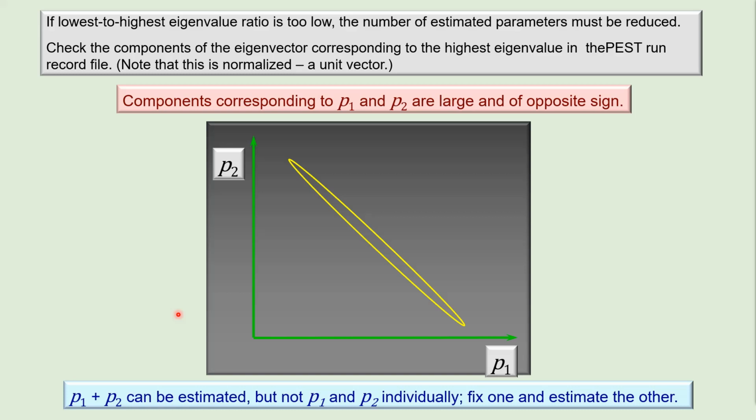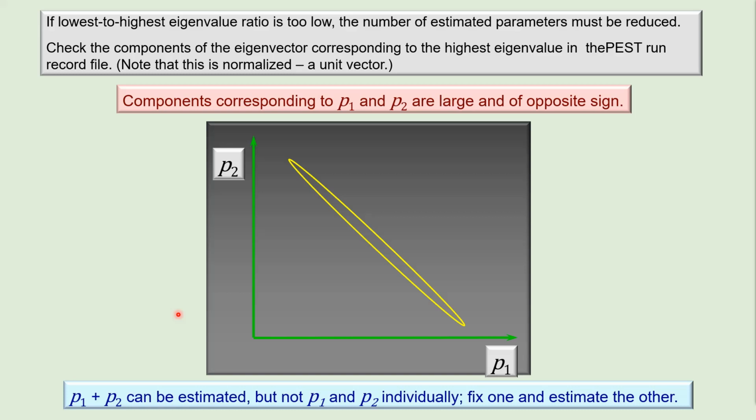So suppose that we discover that our lowest to highest eigenvalue ratio is very low. Say it's down around 10 to the minus 6 or 10 to the minus 7. Then we know we have a problem. PEST was lucky to invert that matrix that it has to invert. So we look at the eigenvector corresponding to the lowest eigenvalue.